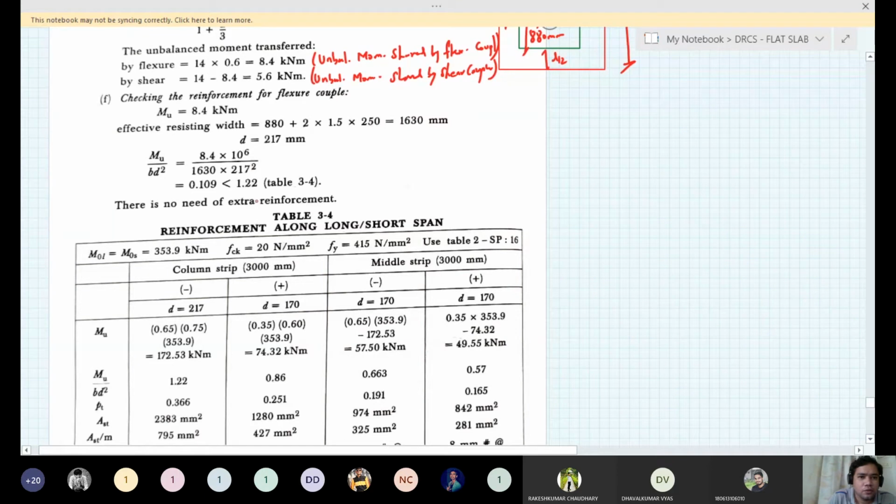So now we'll find the reinforcement required to resist this unbalanced moment shared by the flexural couple. Your Mu is 8.4 kilonewton meter, and the width resisting this, as we have seen in the earlier lectures also, is based on d, the overall depth of the slab. So this is your column head.